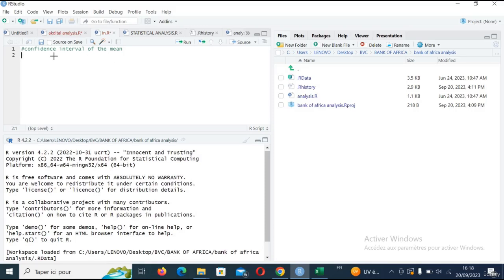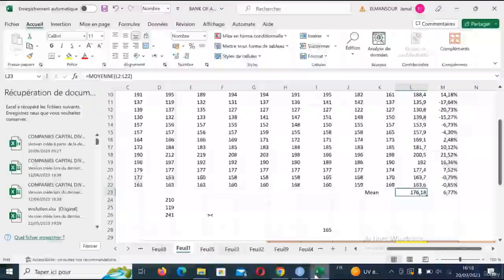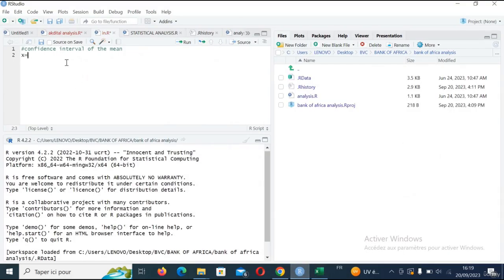Here we're going to enter the variables. Here we have the x, which is the mean of the sampling. Okay, here we have 176.18. The next thing we should enter is the standard deviation.